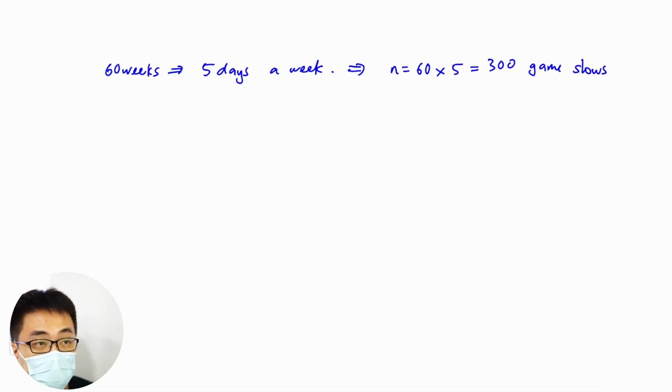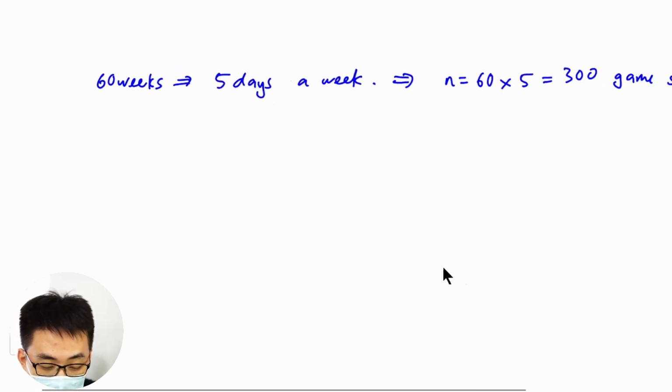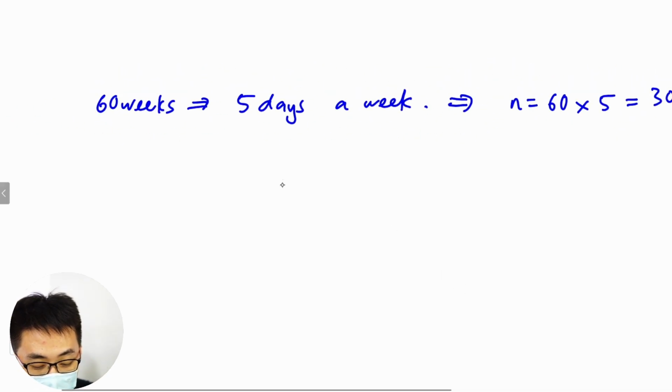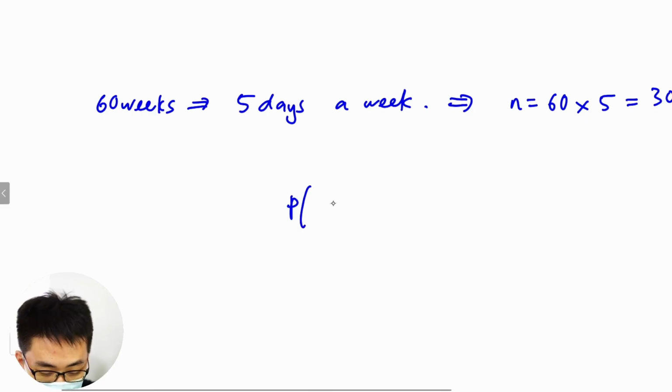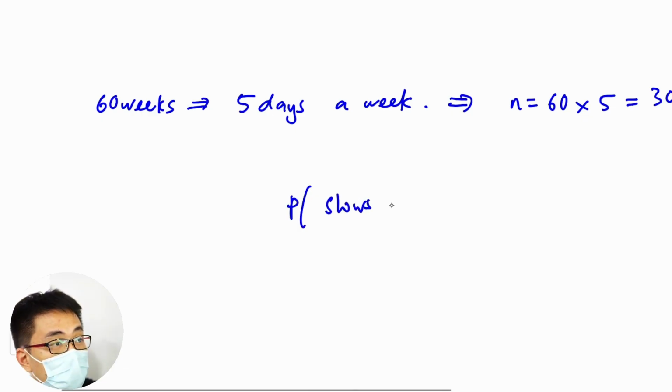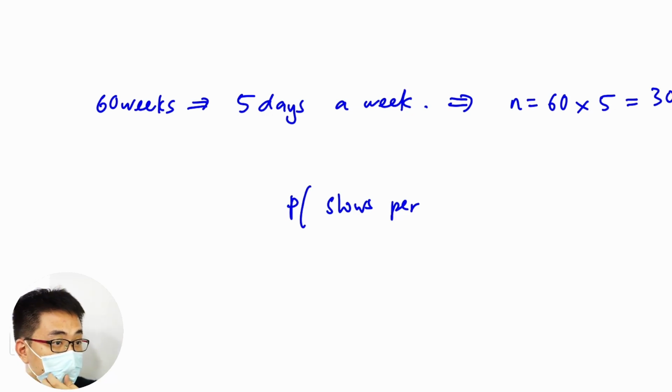Then we are talking about the mean number of shows per week. You want to find the probability that the mean number of shows per week for the second round is more than 0.4.